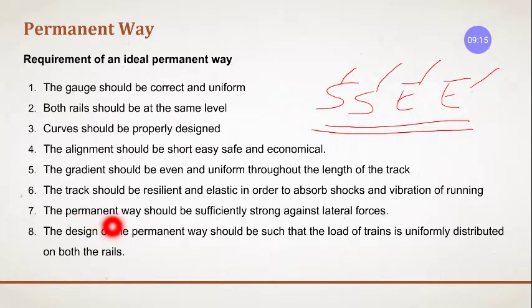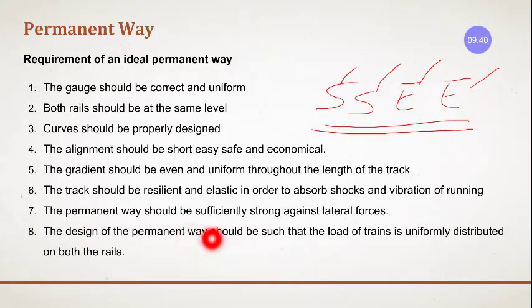Permanent way should be sufficiently strong against the lateral forces. When you are moving on the curves, lateral loads are being applied over the train. So when you are taking the curve and the lateral load is applied, the permanent way should be stable. It should not move. It should take those lateral loads also.